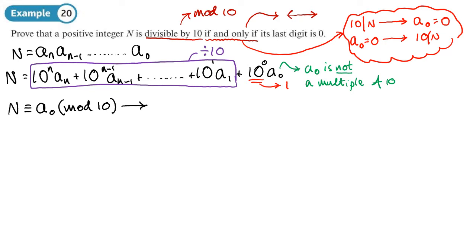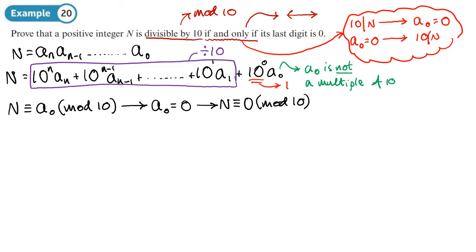So we'll now consider, what if a0 equals 0? Okay, so we're starting from this side of the proof to get to here. So if a0 equals 0, that's going to mean that n is congruent to 0, because we've just made a0 0 under mod 10.